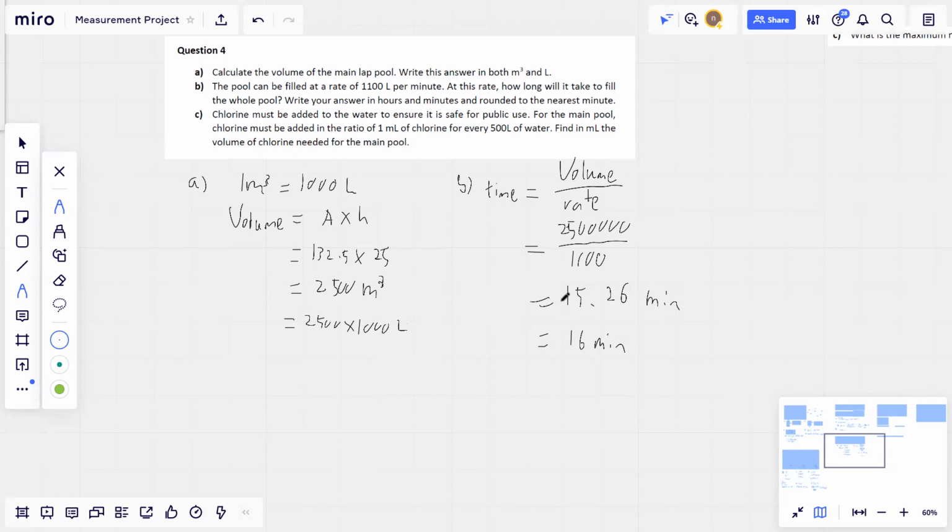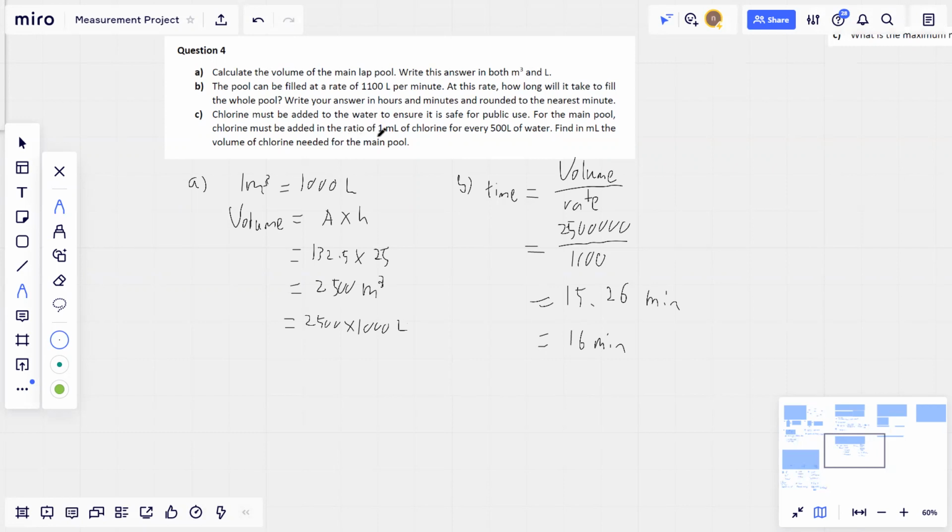For the third question, question C, we need to add chlorine to the water for safety use in the pool.